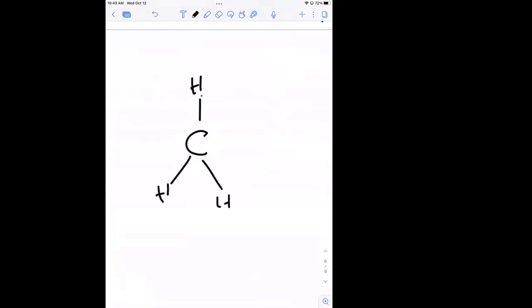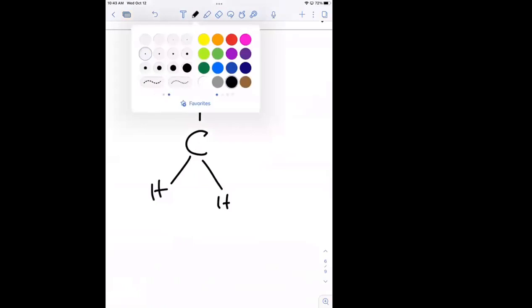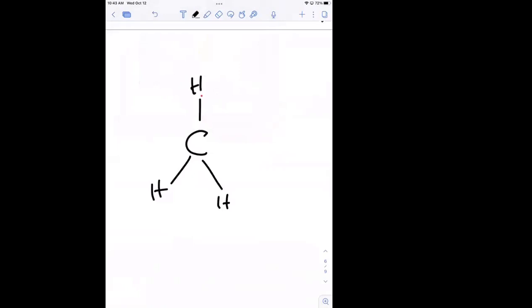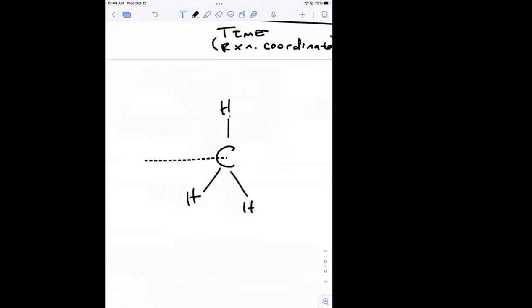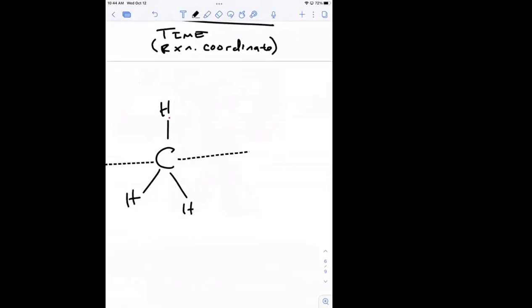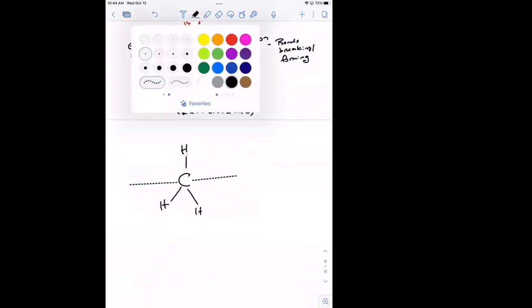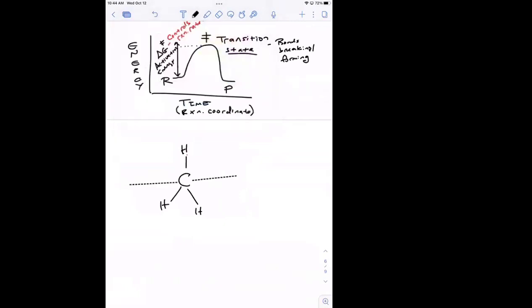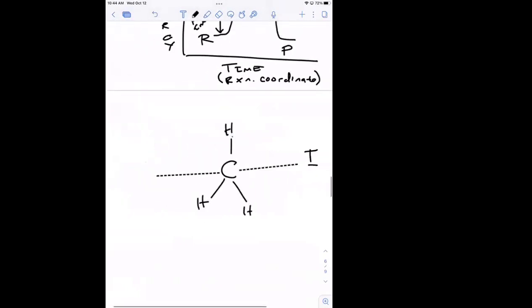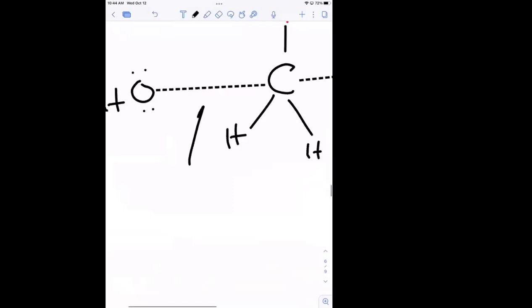We know that there's a bond forming between carbon and oxygen. We also know that there's a bond breaking between carbon and iodine. This is a forming bond.